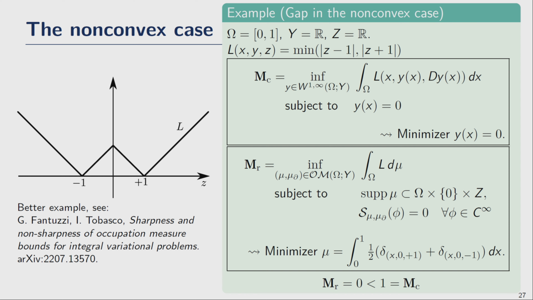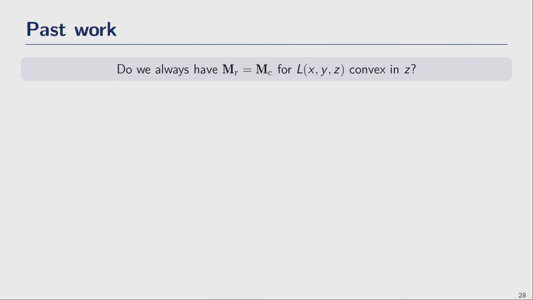And the better example I recommend to you is given by Fantuzzi and Tobasco. But this example here also works, and it's just not so nice because you need a kind of absurd constraint that y be equal to 0, which means that there's only one solution, y equal to 0. Okay, but with less constraints, you can go and look at Fantuzzi and Tobasco.